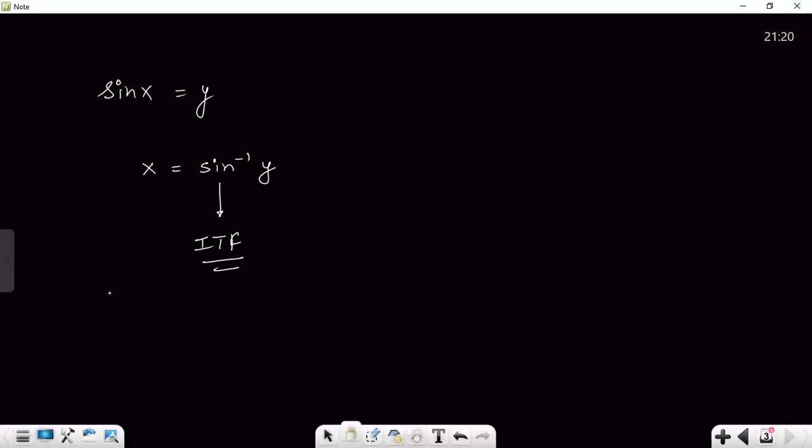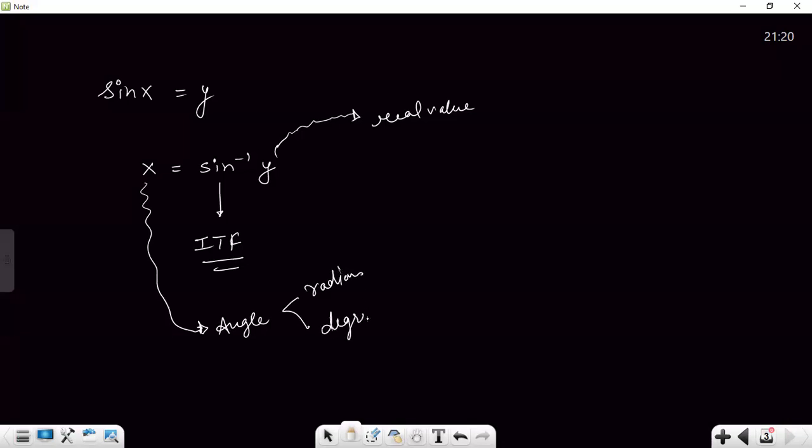In this function, the input will be a real value, and the output of the function will be an angle, either in radians or in degrees.